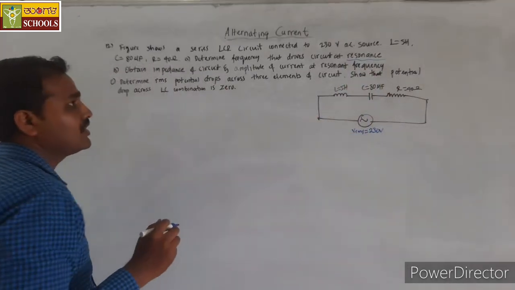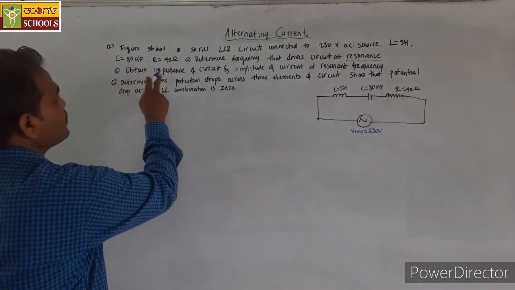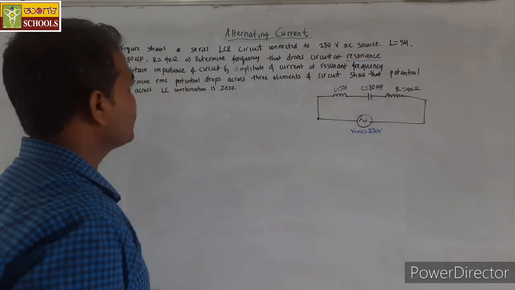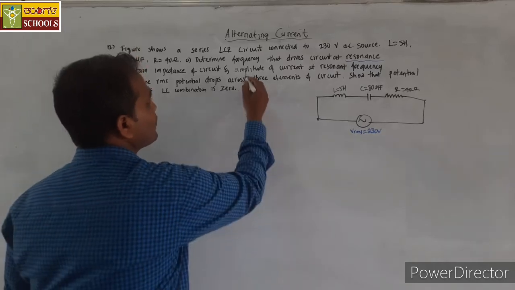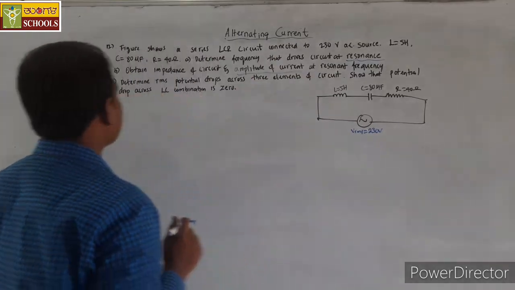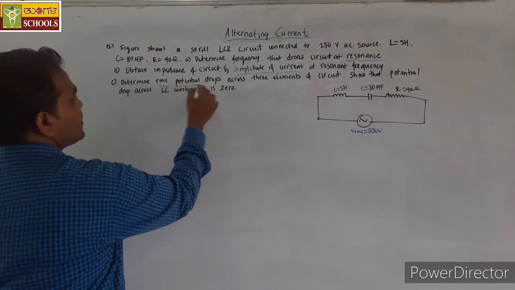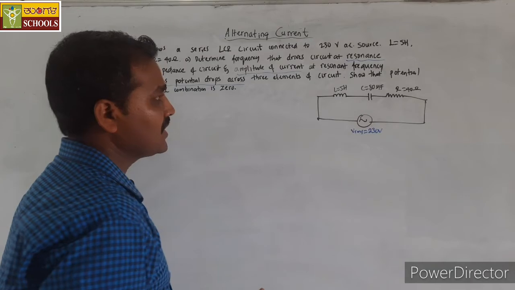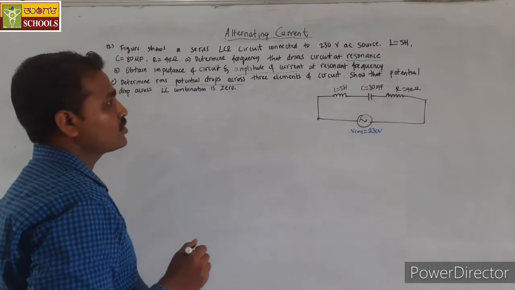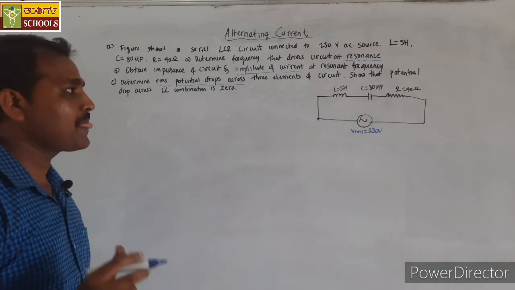We are also asked to find the impedance of the circuit and the amplitude of the current, that is the peak value of the current at resonant frequency. Then we have to find the RMS potential drops across the 3 elements of the circuit, and to show that the potential drop across the LC combination is 0.